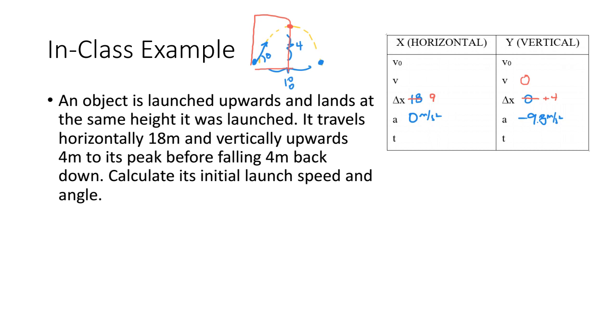Let's try it. Let's start off by looking for our initial velocity in the vertical direction, because our problem wants us to calculate the initial launch speed and angle, which are these two values right here. So let's start by calculating our initial launch velocity in the vertical direction.